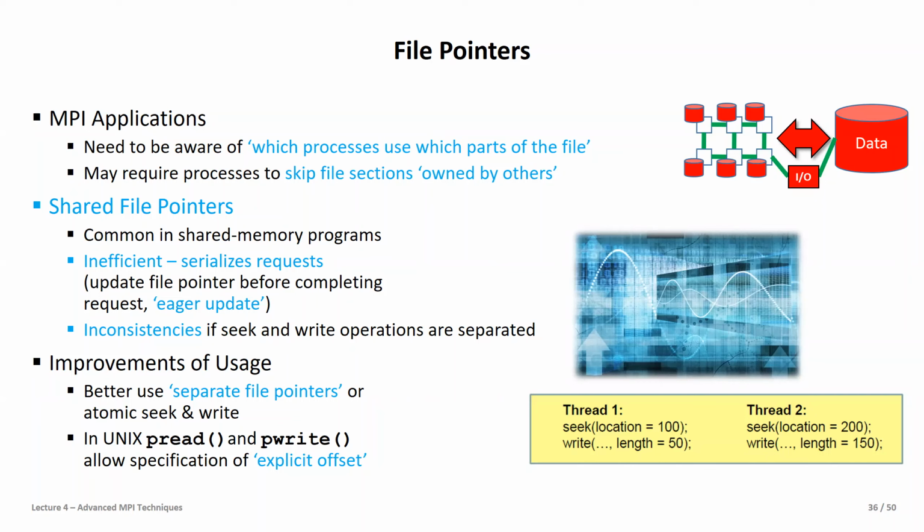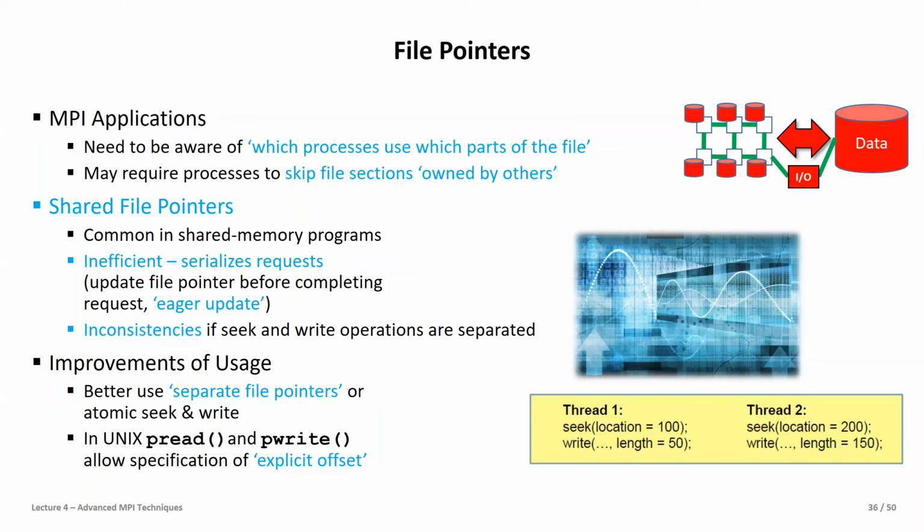It's of course very common when you have shared memory, then it's very easy. But if you have the seek and write operations differently, you can run into actual problems.